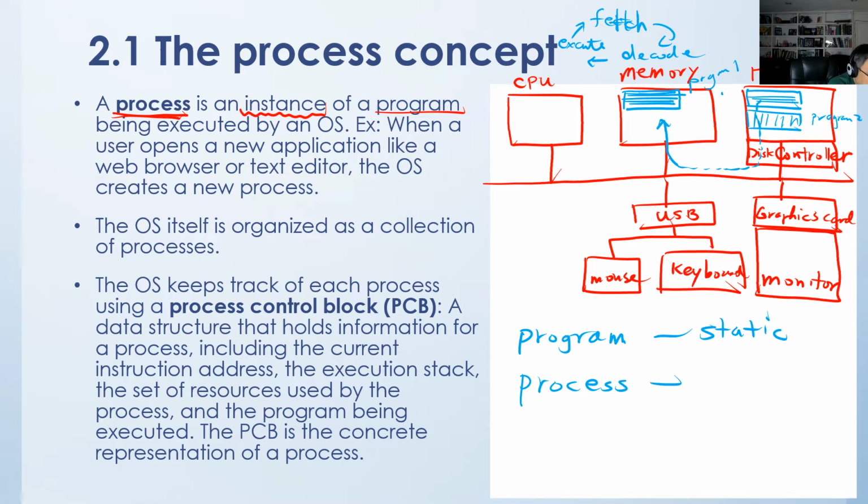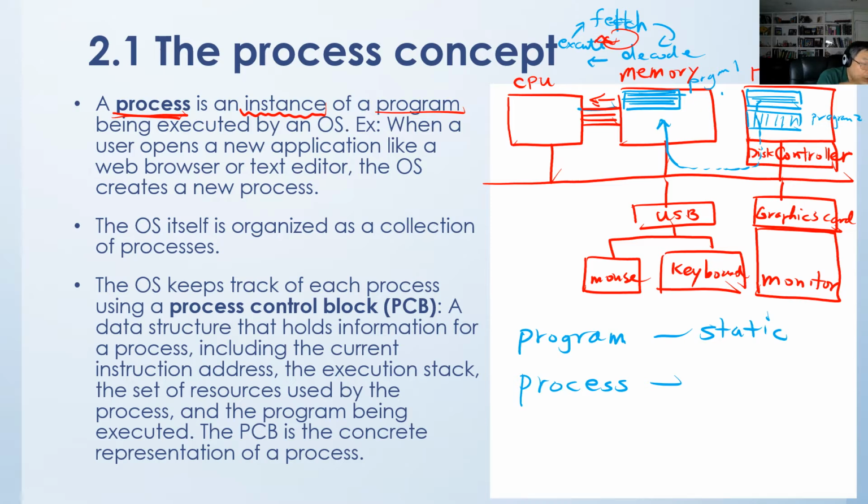The CPU does this through a high-speed connection. The CPU does not go through the bus. So here's the high-speed connection. The CPU fetches the instruction, then decodes and executes. So it's a cycle.